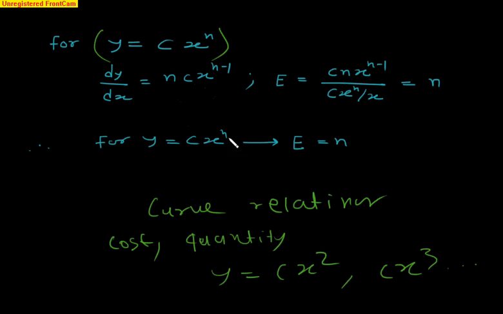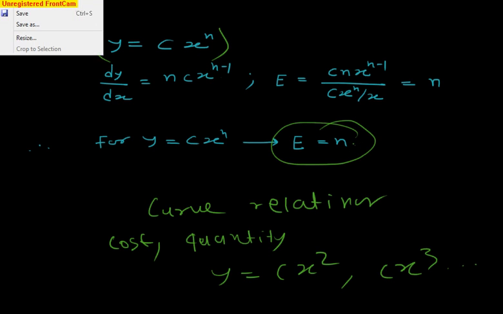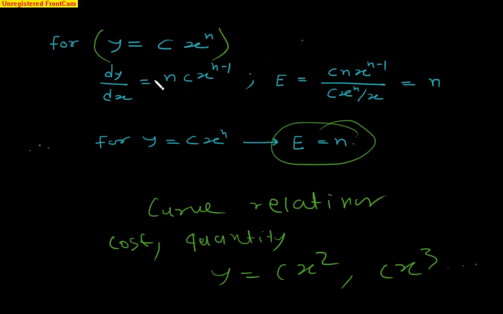You can find out this elasticity is n. This is simple. If you don't understand, see here, just first find out what is the elasticity. Elasticity is nothing but ratio of marginal to average.